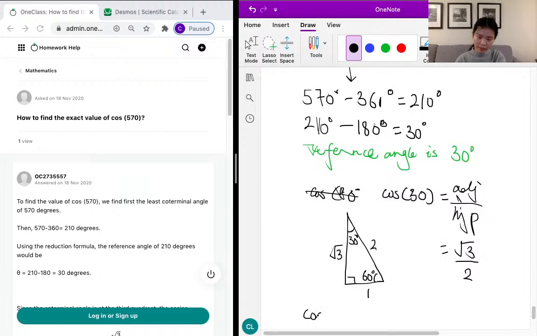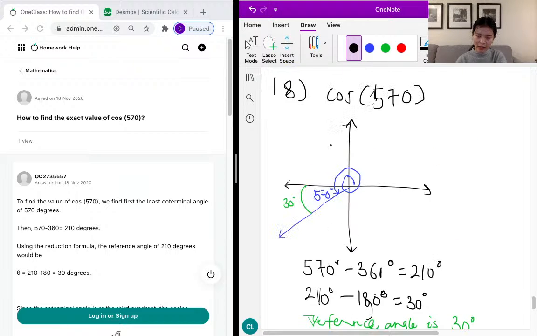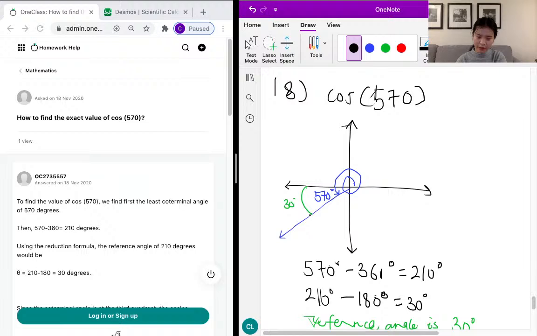However, what we really wanted to know is the cosine of 570 degrees instead of 30 degrees. Again, we are in this quadrant. This is the first quadrant, this is the second quadrant, and we are at the third quadrant over here.